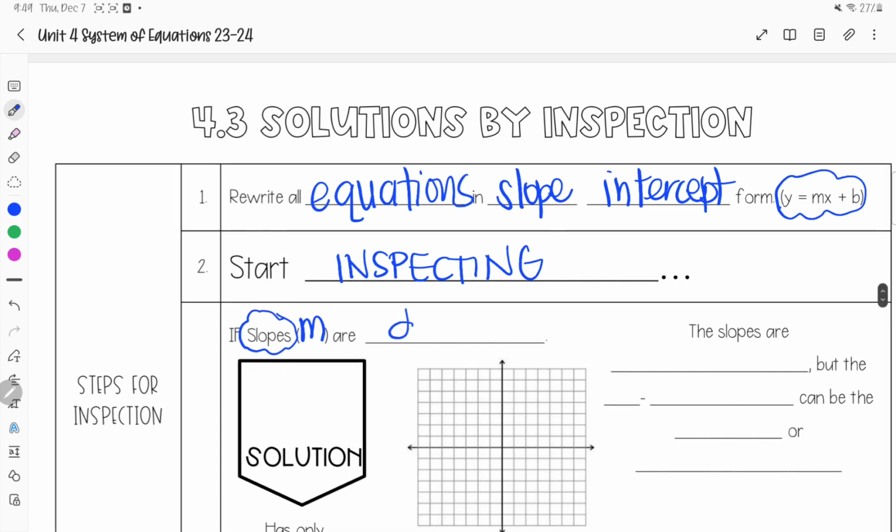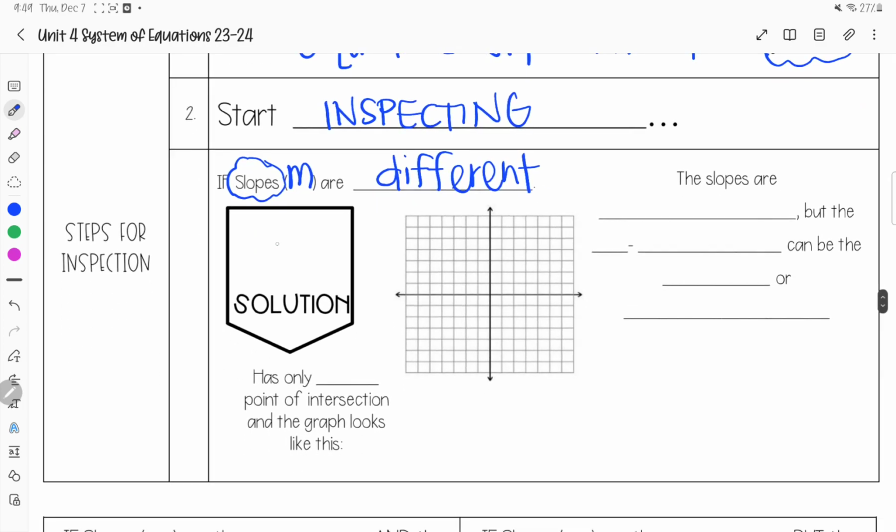And if they are different, then there's going to be one solution. So if slopes are different, there is one solution. What this means is there's only one point where they're going to cross.